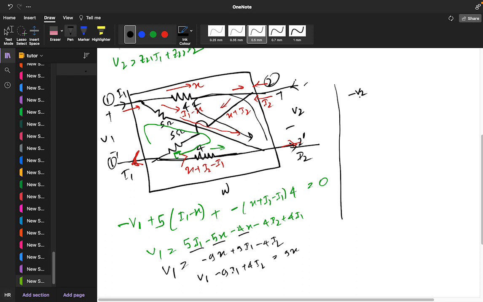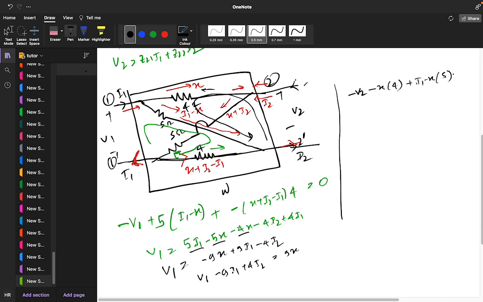Minus V2, and this you had applied the KVL like this, meaning the current you have taken here is x, so you have chosen the opposite direction current, so it's minus x into 4. And this is the same direction, so this is I1 minus x into 5.